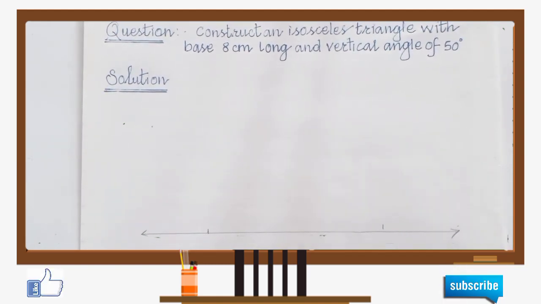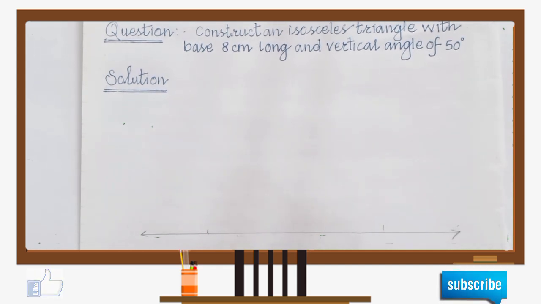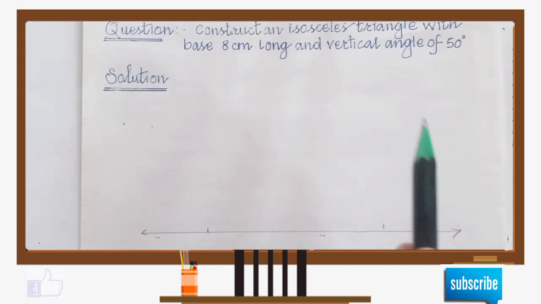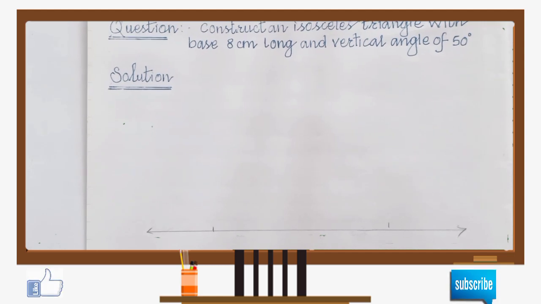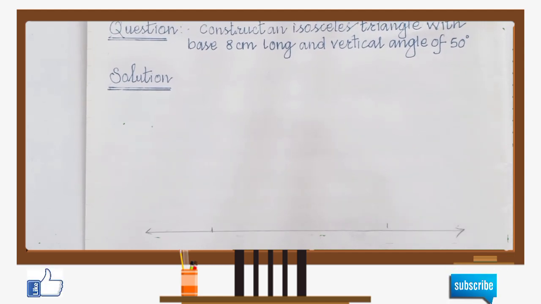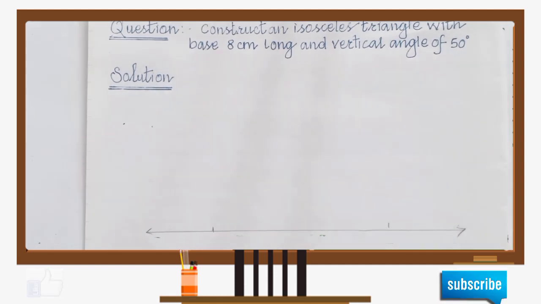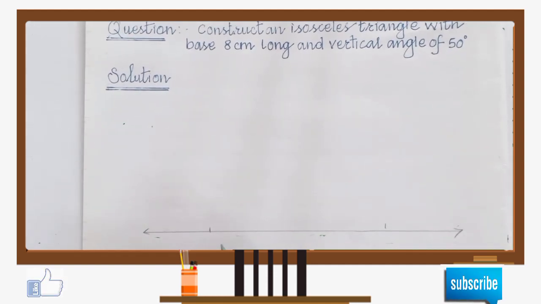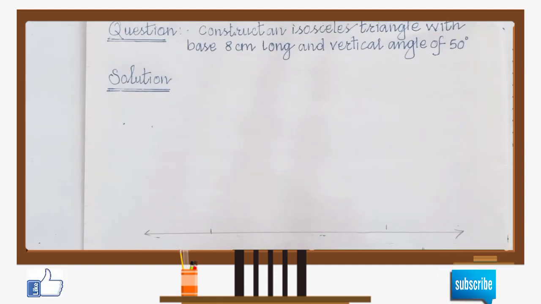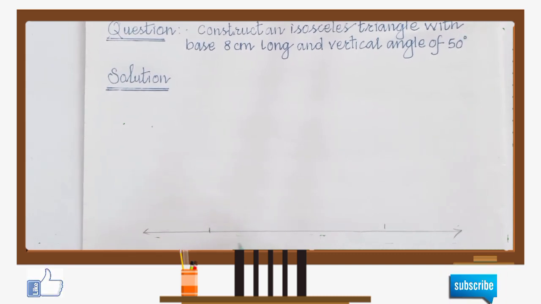After that, draw a vertical angle. You have to draw an isosceles triangle with the vertical angle of 50 degree. So this is the 50 degree we are given. हमको 50 degree दिया है. Extend this. This is the 8 cm distance.